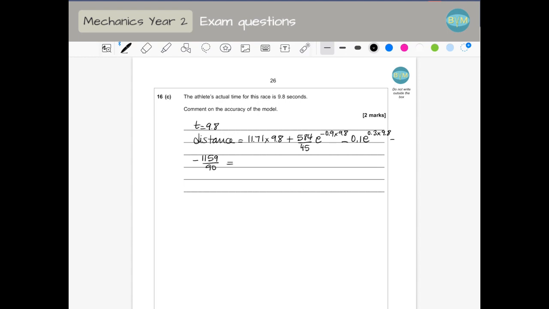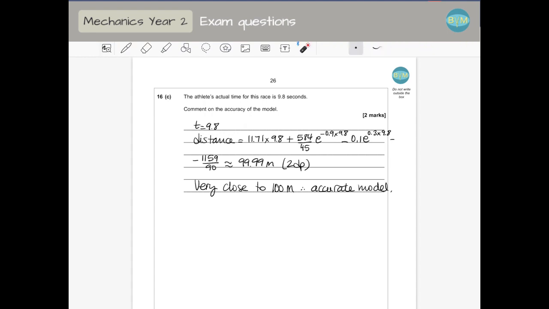And when we do this, we get 99.99 meters to 2 decimal places. So I have rounded to 2 decimal places, which is very, very close to the 100 meters. Therefore, it's a very accurate model.